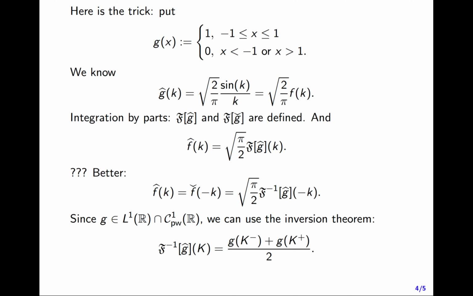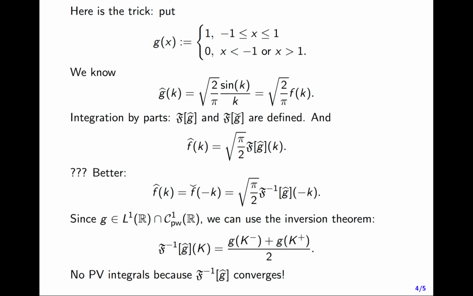The inverse Fourier transform applied to g hat at big K is (g of big K minus plus g of big K plus) over 2. So now I'm using the letter big K instead of minus K for the independent variable, and I have my average of the left and right hand limits of g. And those left and right hand limits are actually pretty easy to compute because I have an exact formula for g and it's not too complicated.